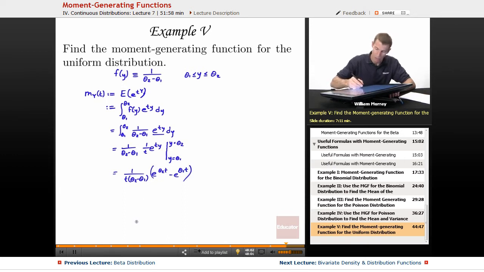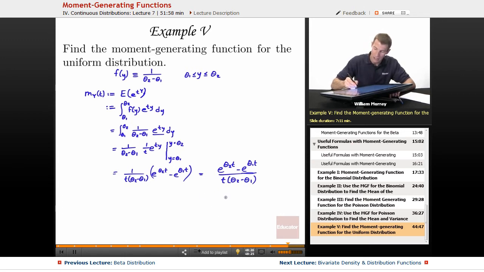And I could write that over a common denominator: e to the theta 2t minus e to the theta 1t, divided by t times the quantity theta 2 minus theta 1. That's my moment generating function for the uniform distribution.